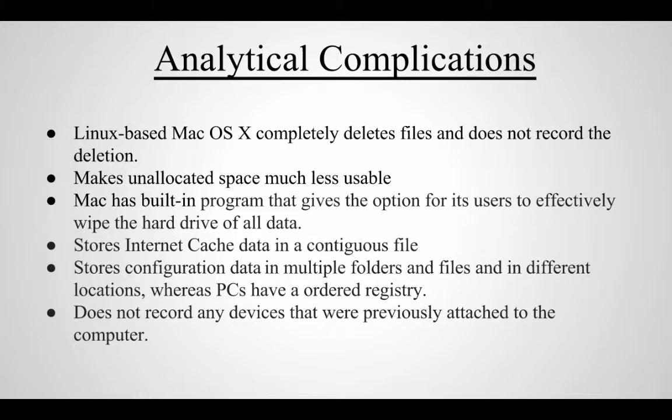This internet cache data can be used to see temporary files that the user might have looked at while on the internet. Mac also stores config files in multiple folders and files in multiple locations, whereas PC has an ordered registry. This can make it take longer for the forensic investigator to go through all the files.